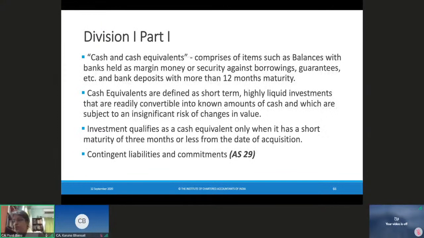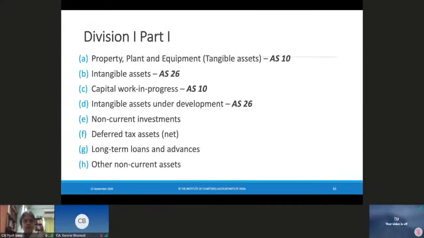Current assets are expected to be realized within 12 months or the normal operating cycle. Those are cash and cash equivalents. Please open your book and see that it is generally given in this way: property, plant and equipment, intangible assets, capital work in progress, intangible assets under development, non-current investments, deferred tax assets.